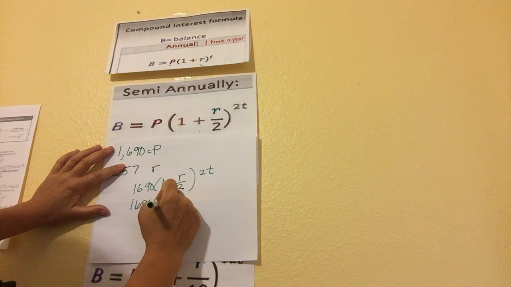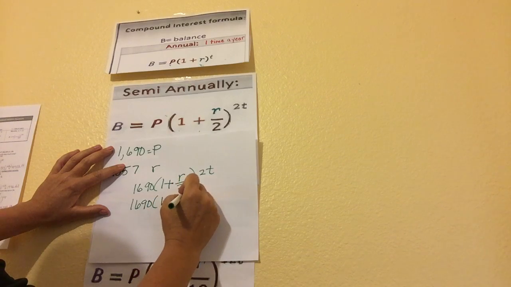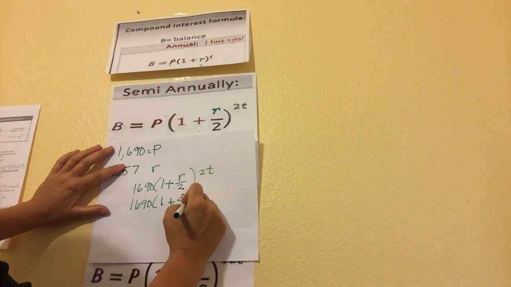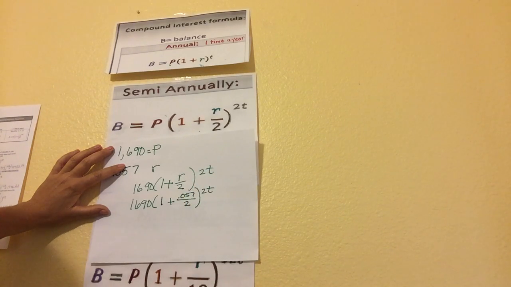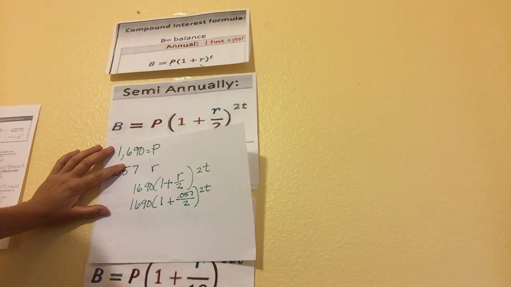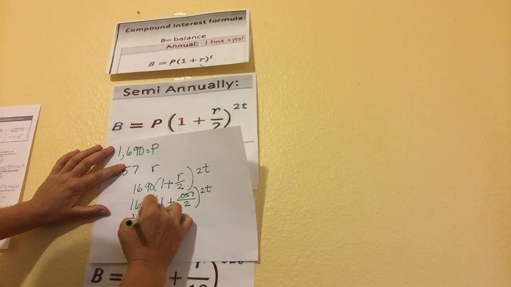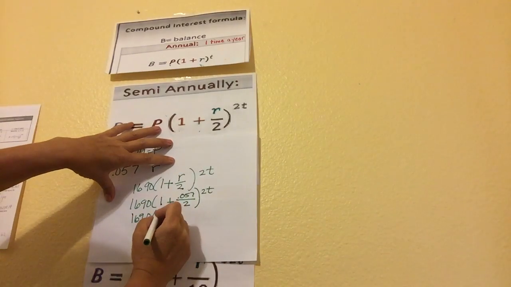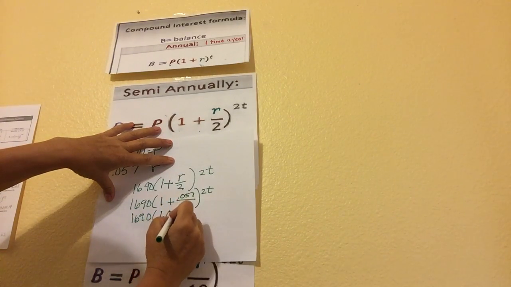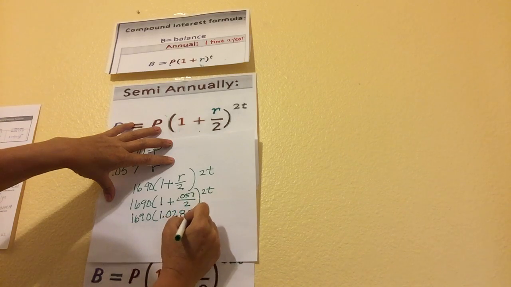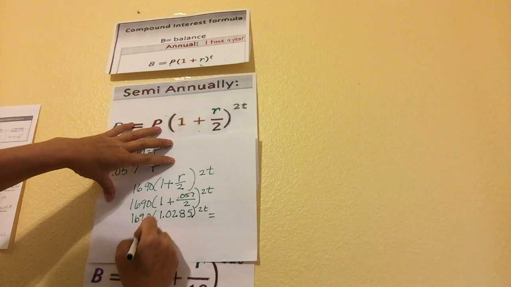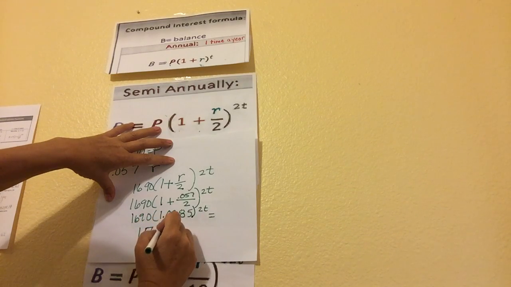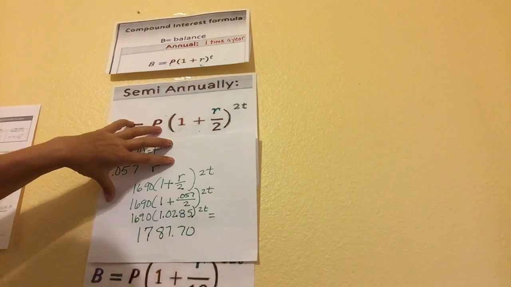1,690, 1 plus 0.057 over 2, and then we have 2T. And then if I just have the T be 1, okay, I'm going to get 1,690 times 1.0285 to the 2T, and I end up with $1,787.70.